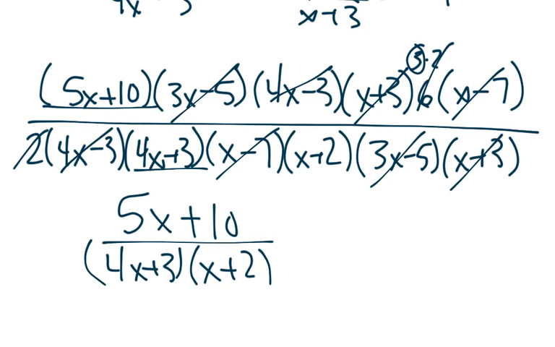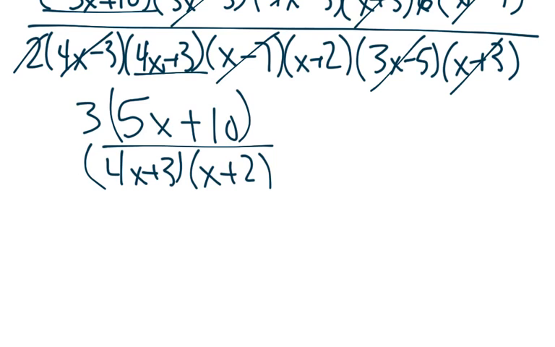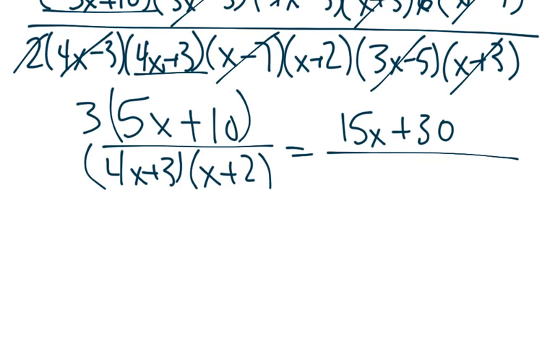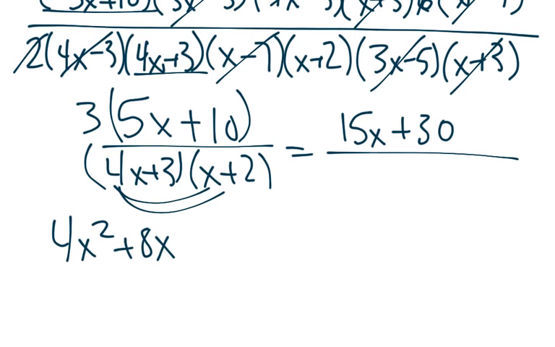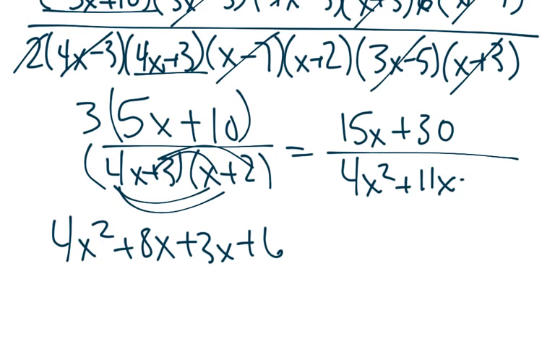Oh, and that 3, right? Times 3. So I can leave it like that, or I could simplify and have 15x plus 30 over 4x squared plus 8x plus 3x plus 6, which is 4x squared plus 11x plus 6.